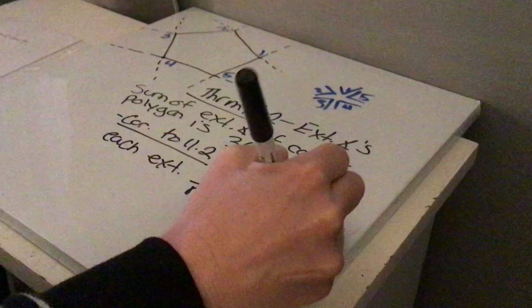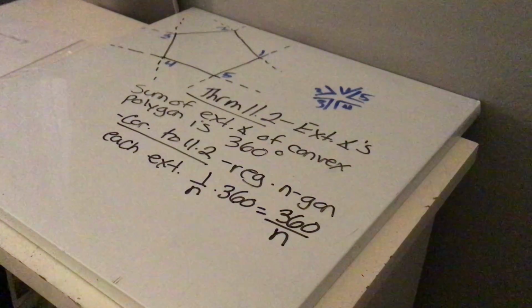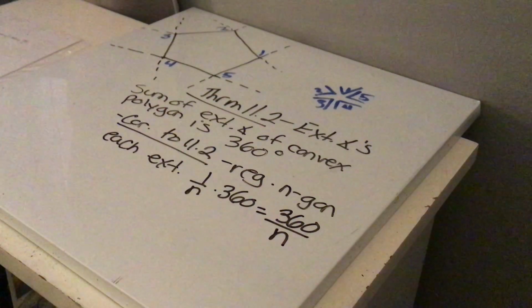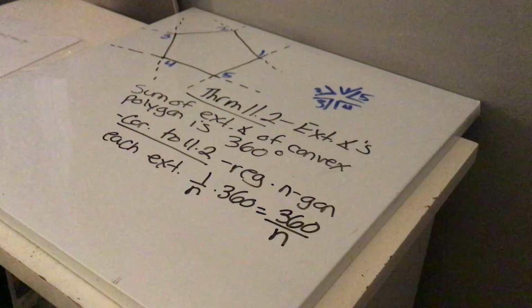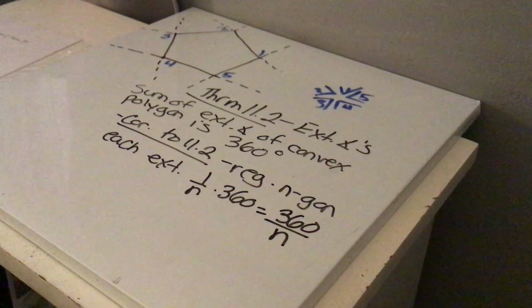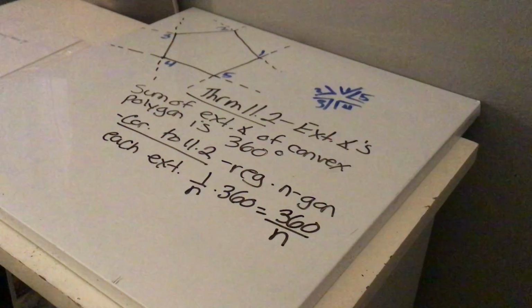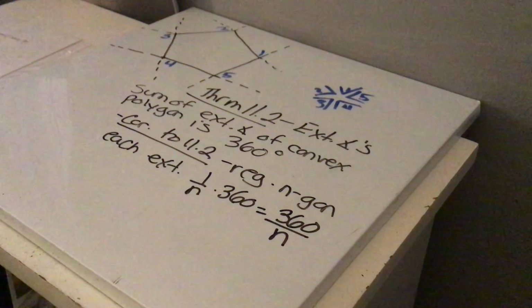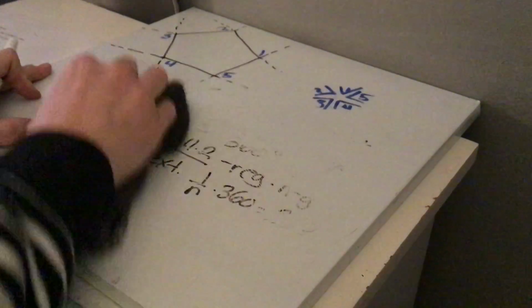You take the sum and divide by how many sides. So the corollaries just work for your regular polygons, okay? To find the measure of each one, it is just total divided by how many there are when they're all equal. Okay, so those are our theorems from 11.1.